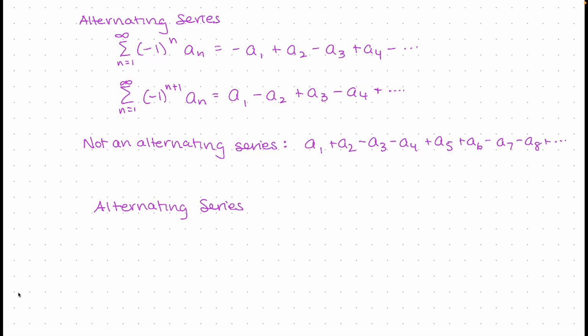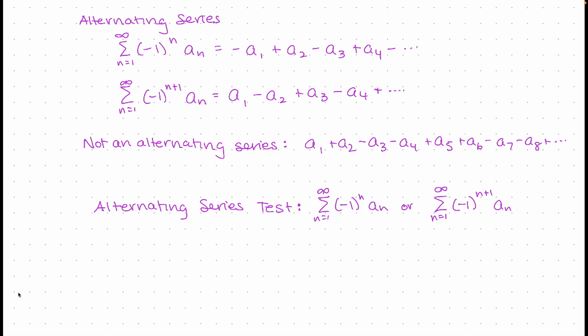Assuming you have something like above, you either have something like (-1)^n aₙ, or (-1)^(n+1) aₙ, whether you're starting at a positive or a negative term.